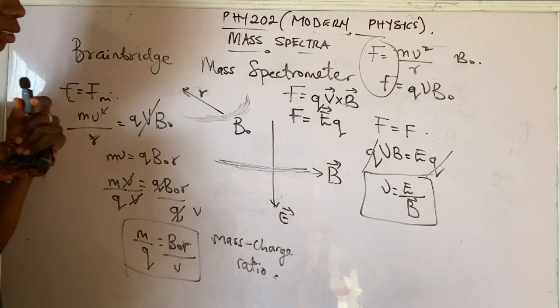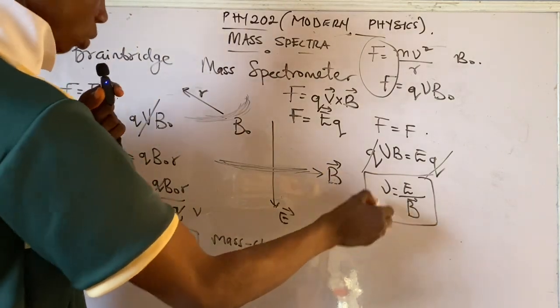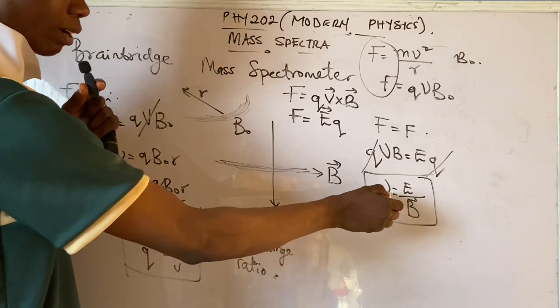So this is gotten and this is also gotten. Now remember what v is, right?